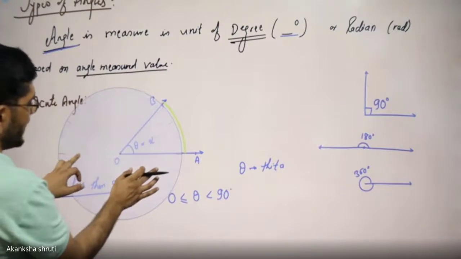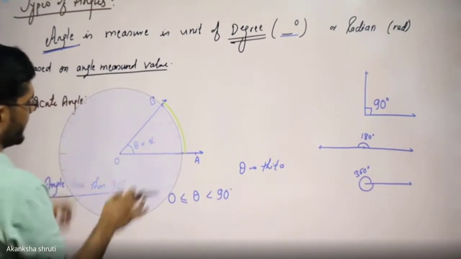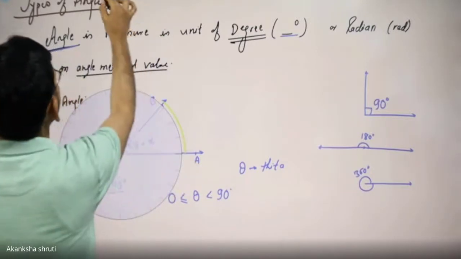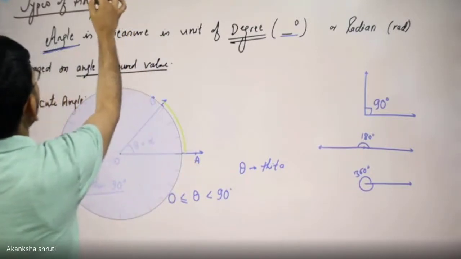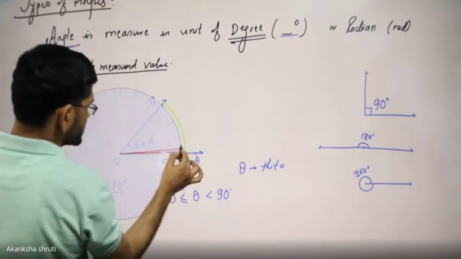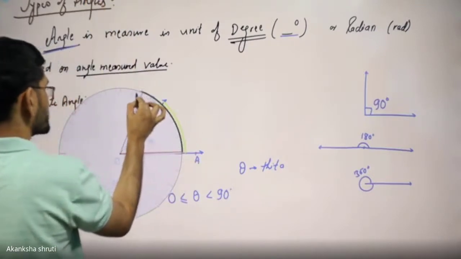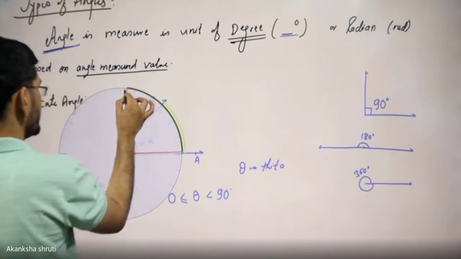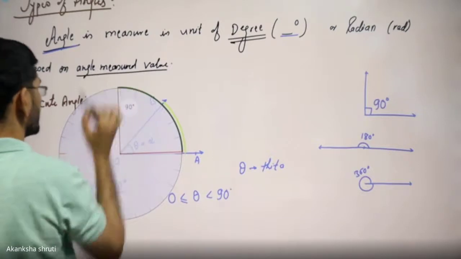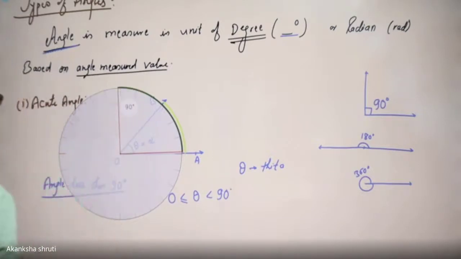what? Acute angle. Means if we are considering our angle starting from this up to where? Up to 90 degree. Be careful, students. It is going up to 90 degree. Is it okay?